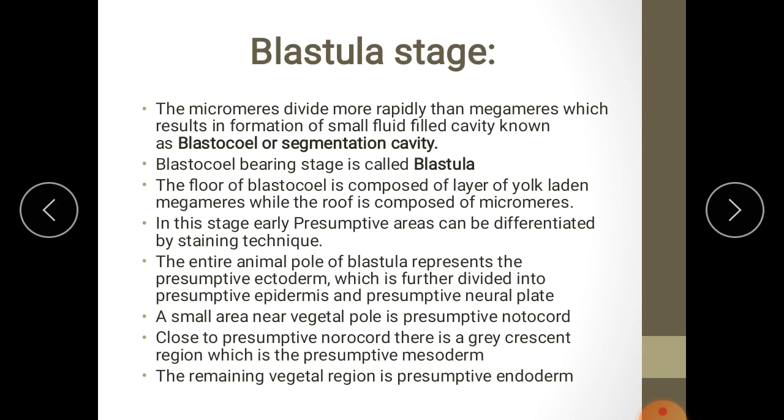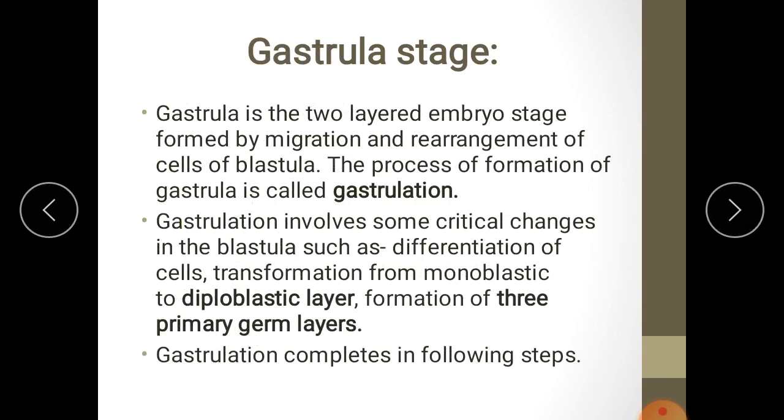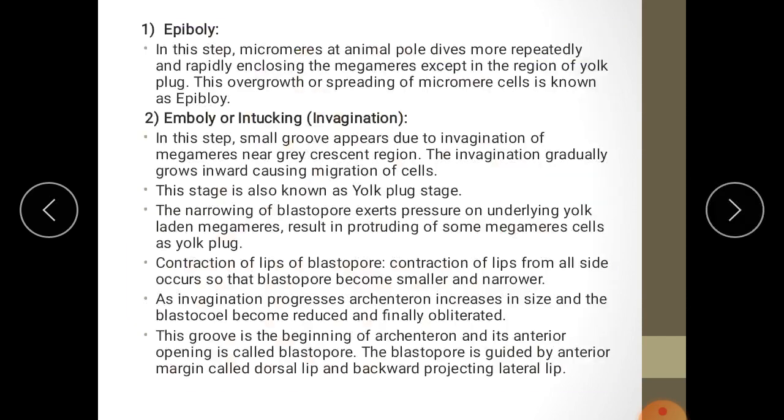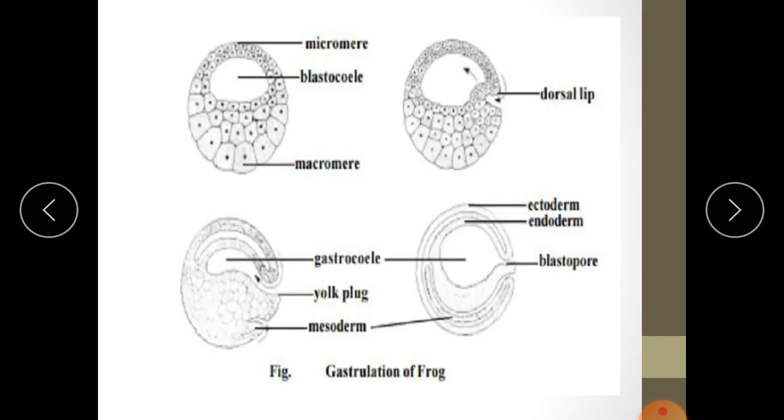Next, the gastrula stage. After blastula, gastrula begins. In the blastula, all cells are arranged in only one layer. All cells form only one layer around the blastocoel, and this layer is called the blastoderm.